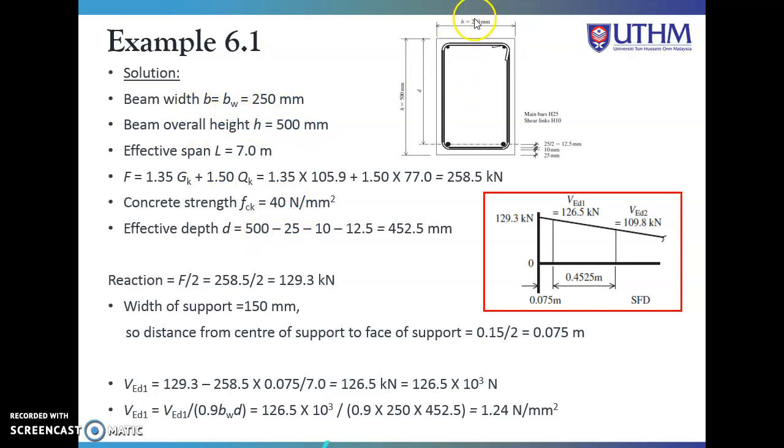So beam width tadi B sama dengan BW. Okay, overall height 500. So effective span tadi dia kata 7 meter. Okay, so we need to calculate the force. The force is coming from the load given, characteristic action, imposed dead load and also the imposed load.